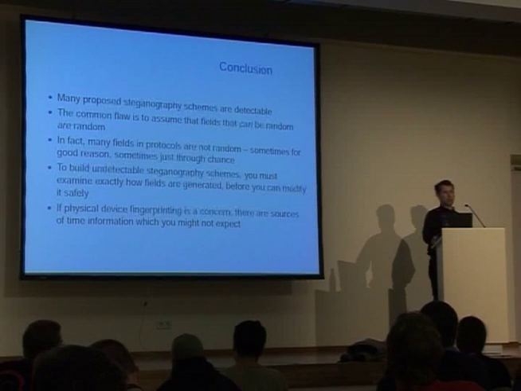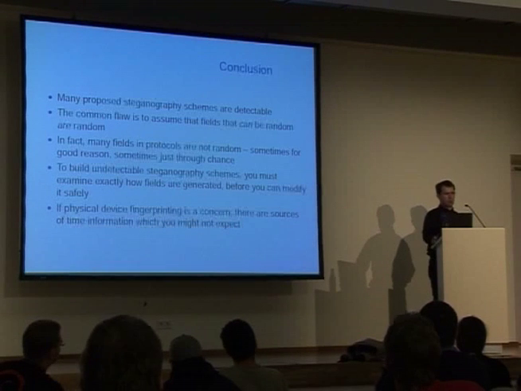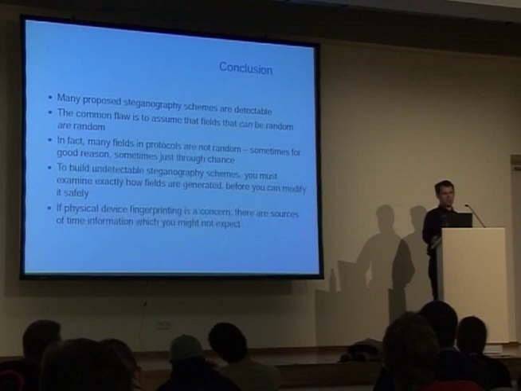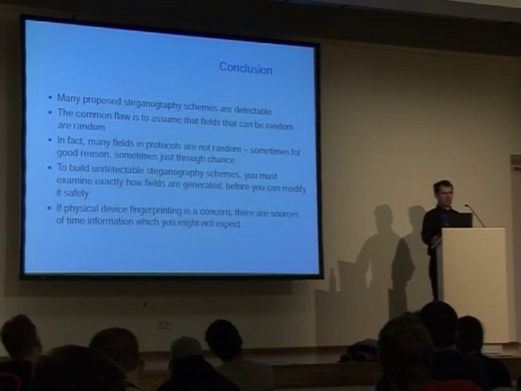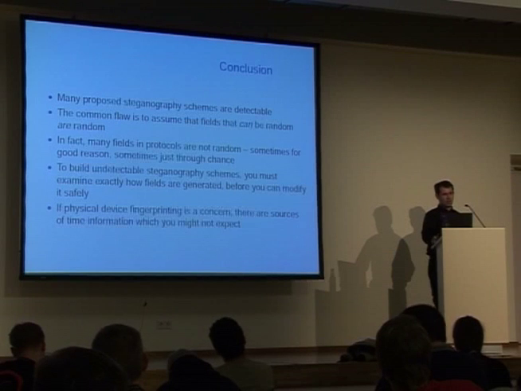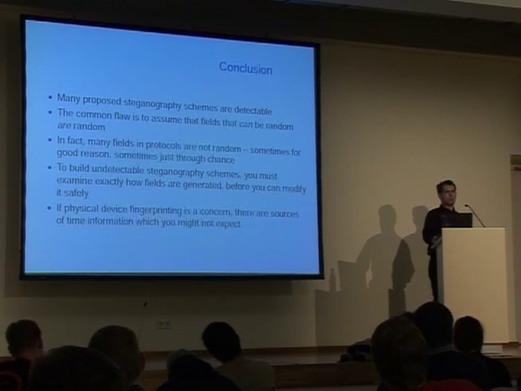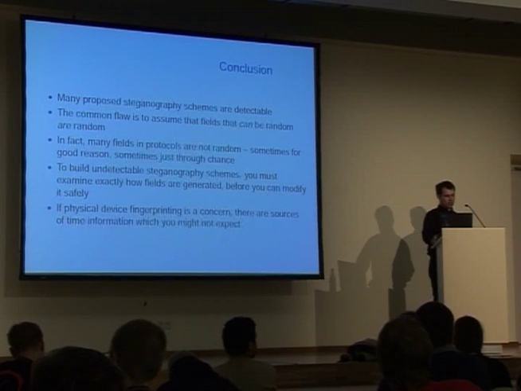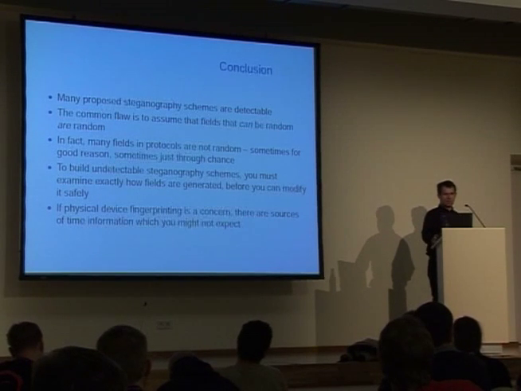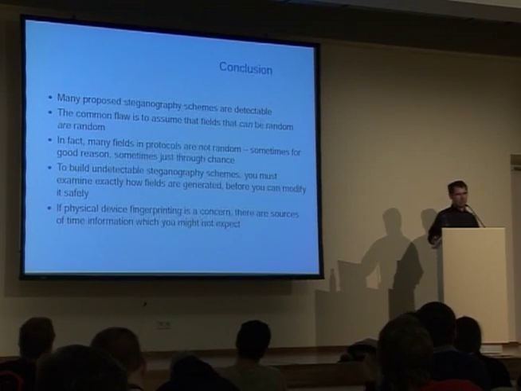So you could look at options like the OpenBSD randomization of sequence numbers firewall. That has some possibilities, but I'm looking at other ways to extract timing information even from that. So if you're worried about that, you have to make sure that there are no sources of timing information that you don't expect. So I'll finish a bit early now, but I'm happy to answer any questions.